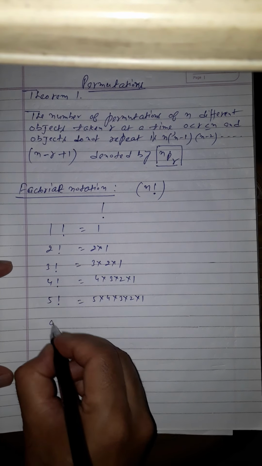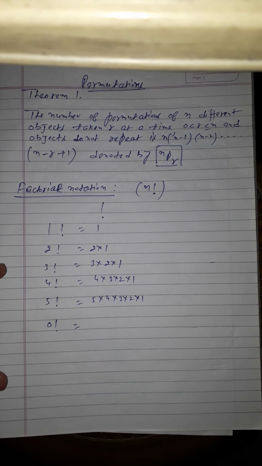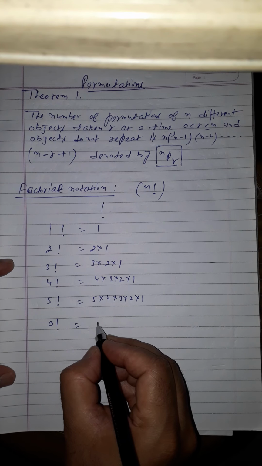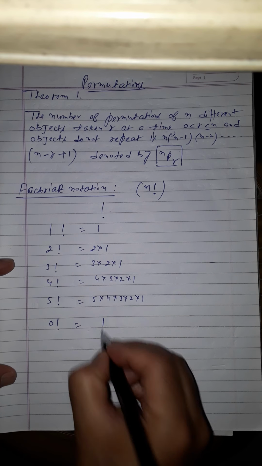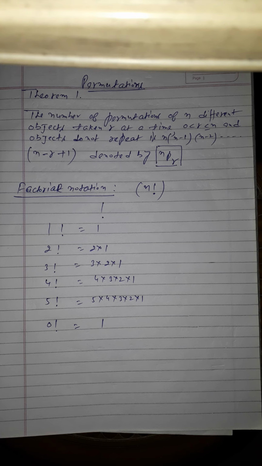And always remember that 0 factorial is always equal to 1, students.